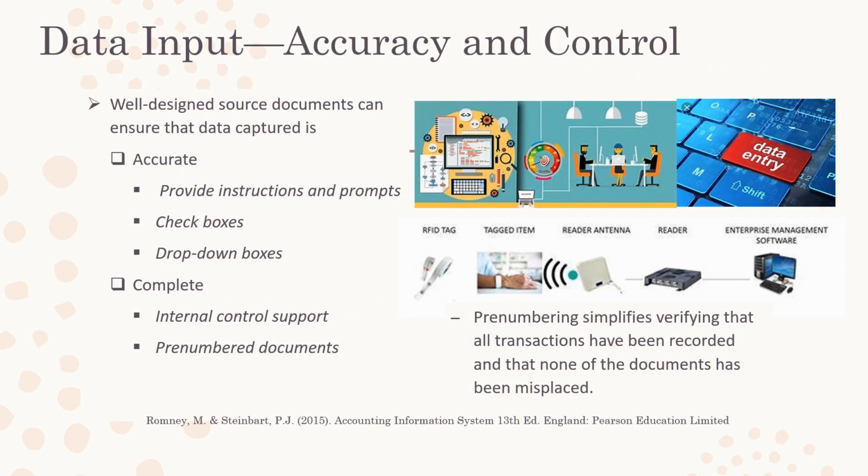Again, the goal in the DPC is to capture data input with accuracy, and there is also proper control. So we can achieve it if we have a well-designed source document that can ensure the data captured. To make it accurate, you may provide instructions and prompts in the source document, or when you encode it in Excel, just to avoid human errors.